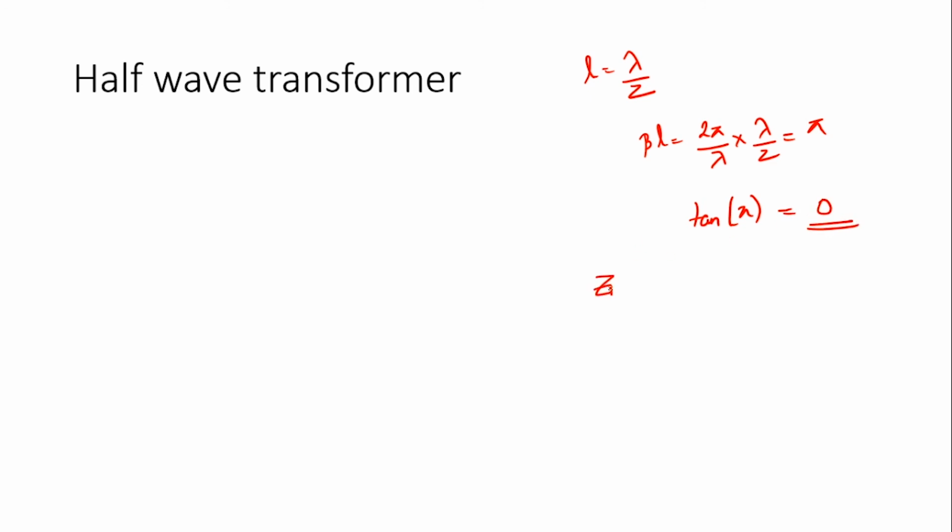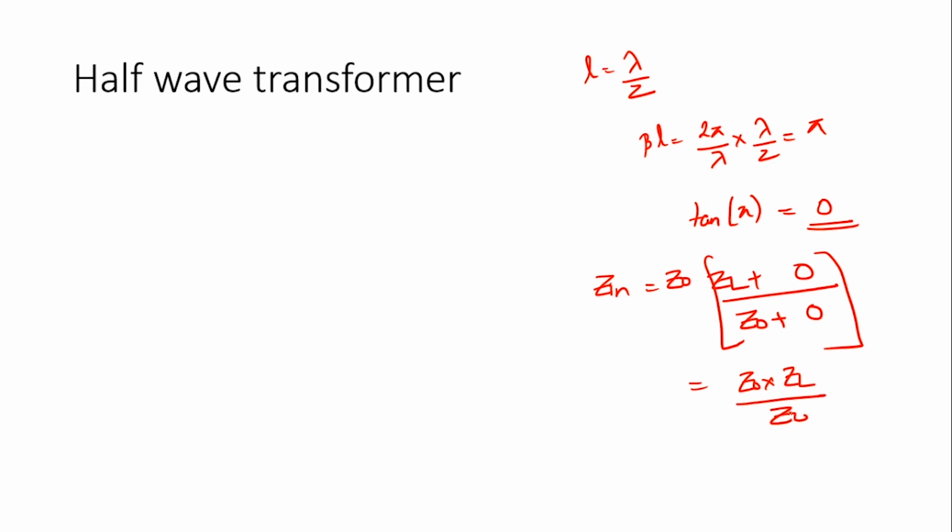Substituting in the equation, Zin is equal to Z0 into (ZL plus jZ0 tan beta L) divided by (Z0 plus jZL tan beta L). Those terms reduce to 0, so it will be Z0 into ZL divided by Z0. So here you find that Zin is equal to ZL.